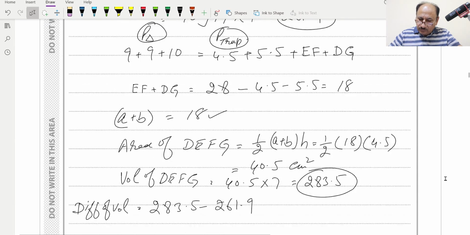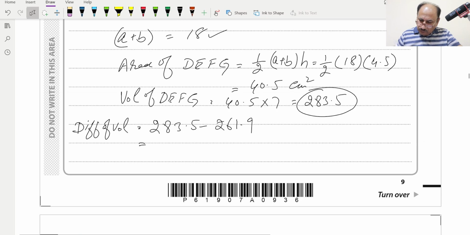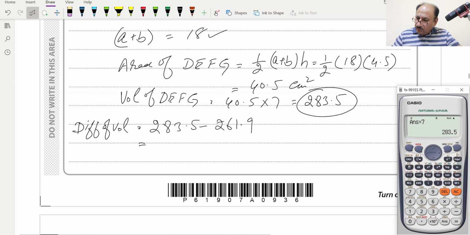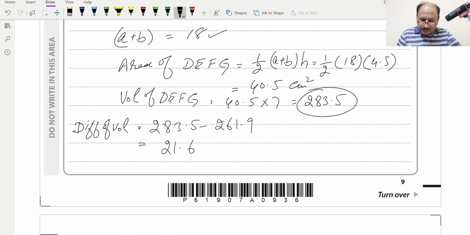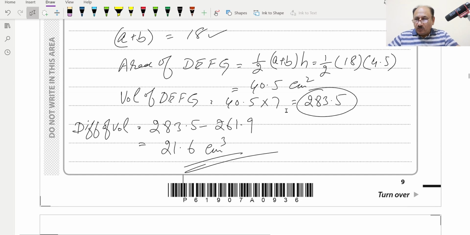We have taken value correctly, yes. So 283.5 minus 261.9 is equal to 21.6. So 21.6 centimeter cube, this will be the difference of volume.